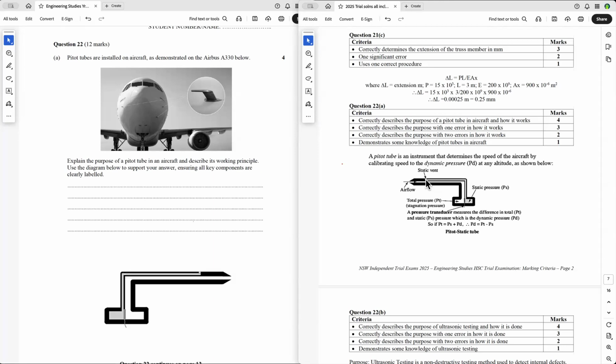You've got static air, which is air within the boundary layer of the pitot tube, and that's probably 2 or 3 atoms wide, and this gives the pressure at any altitude because it's vented into the boundary layer. And so the total pressure occurs down here. And we want the dynamic pressure so that it can be scaled to airspeed.